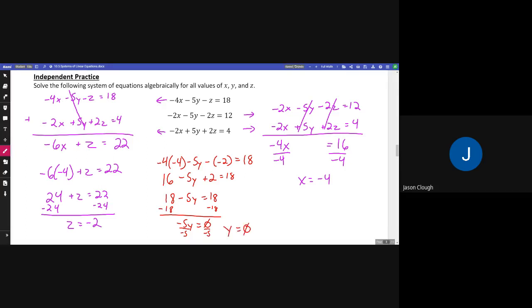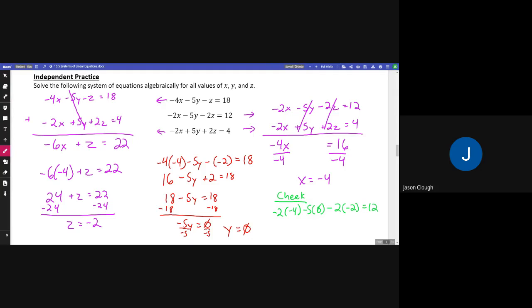So this is something that we definitely need to make sure that we check. So let's see. I'm going to use the second equation. So negative 2x minus 5y minus 2z. And let's see if this equals 12.